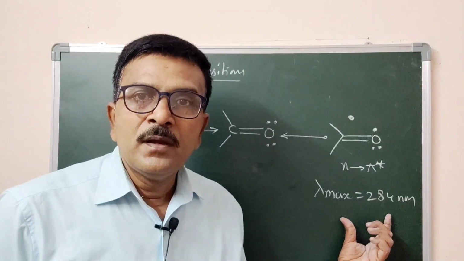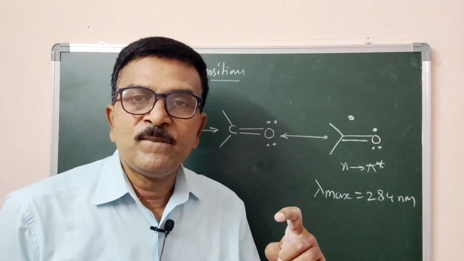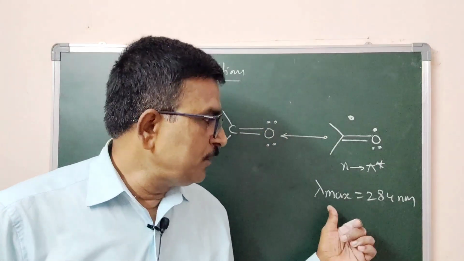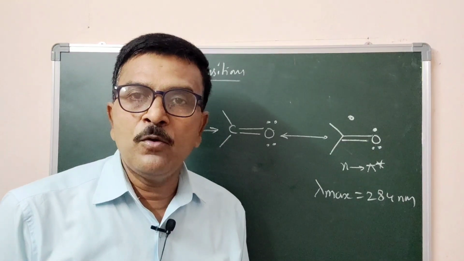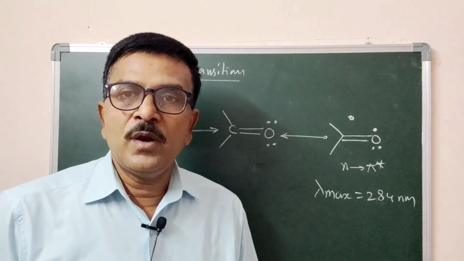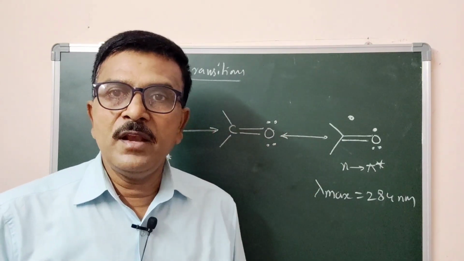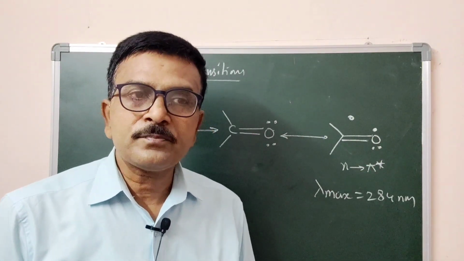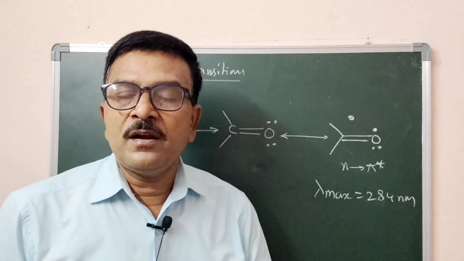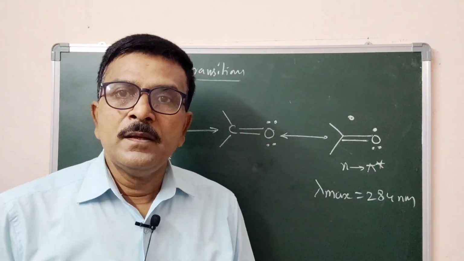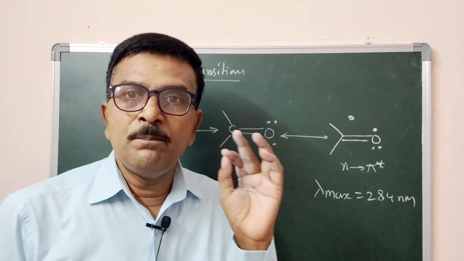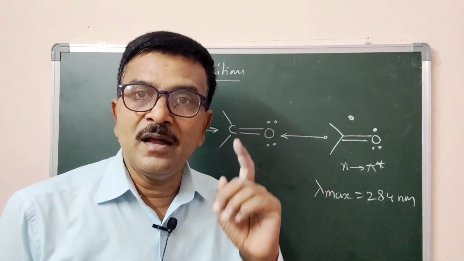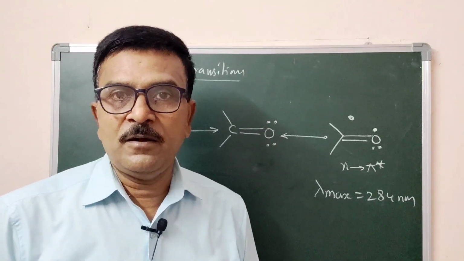So the energy required for n to pi star transition corresponds to a wavelength of 284 nanometer. This is greater than 200 nanometer and it is available in the instrument. Therefore n to pi star transition is possible, and a UV absorption band corresponding to n to pi star transition can also be observed in the spectrum.